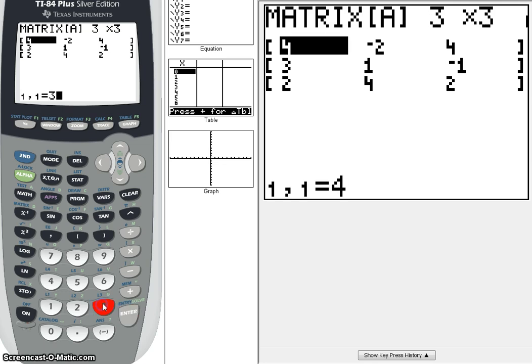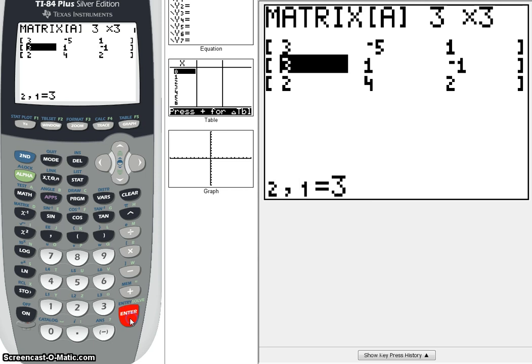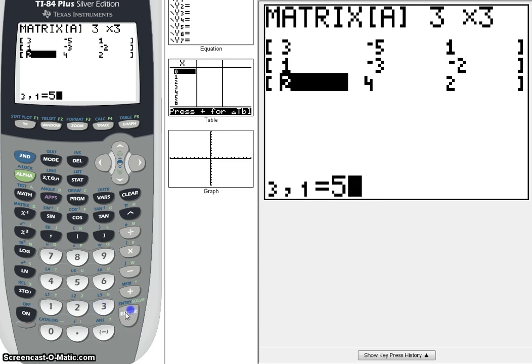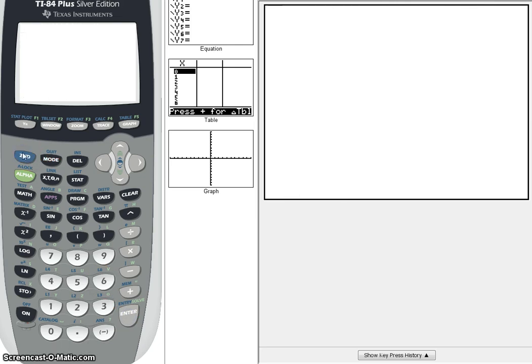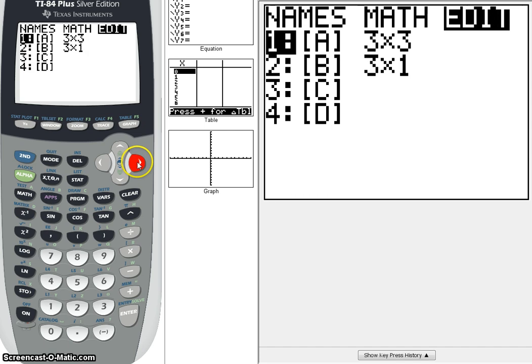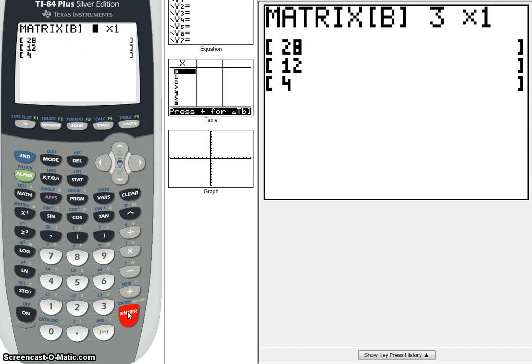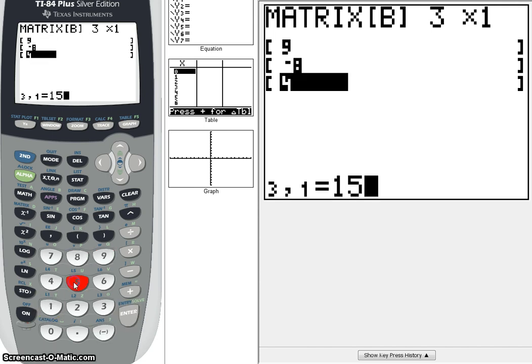And my new matrix was 3, -5, 1, 1, -3, -2, 5, -6, 3. And the big thing I see students forgetting to do is quit out. We're going to enter in our B matrix now. That matrix was 9. It was a 3 by 1, excuse me: 9, -8, and 15. That was our problem, and quit out.